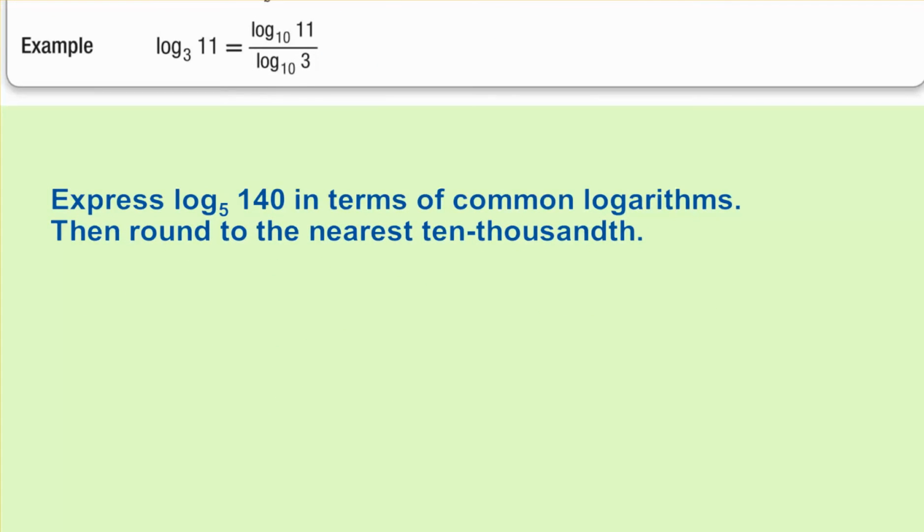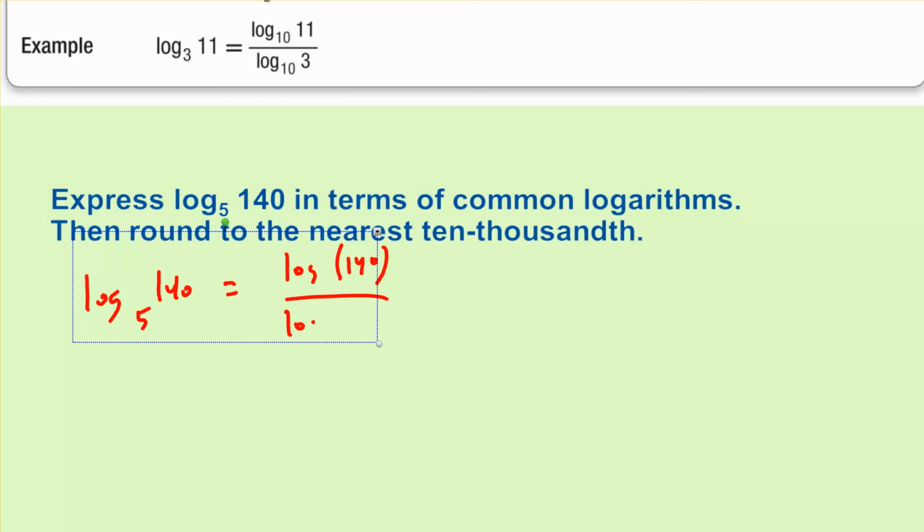Express log base 5 of 140 in terms of common logarithms, then round to the nearest 10,000th. Okay? Log base 5 of 140 is the same thing as log of 140 over log of 5.